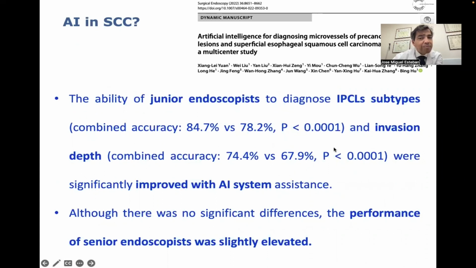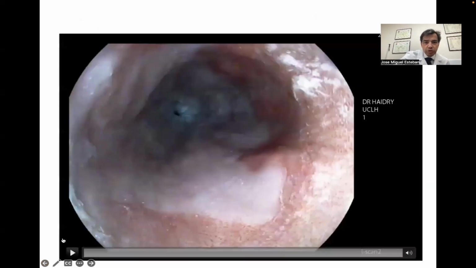IPCL subtypes and invasion depths were significantly improved with the artificial intelligence systems. And although there was no significant difference, this was published in China, the performance of the senior endoscopists was slightly elevated using this. So we will use this also in the near future.